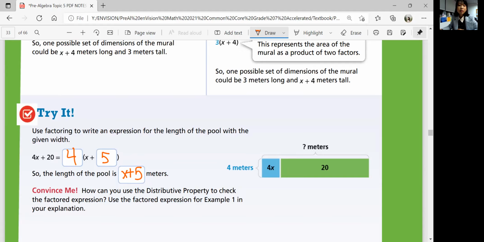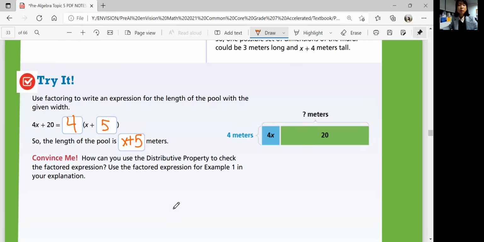Convince me, how can you use the distributive property to check the factored expression? Use the factored expression for example 1 in your explanation. So this is using distributive property backwards by using factoring, but you can check if your answer is right by using the distributive property to expand the factored expression. So if they're not equivalent, then you did something wrong, right? So try to expand.